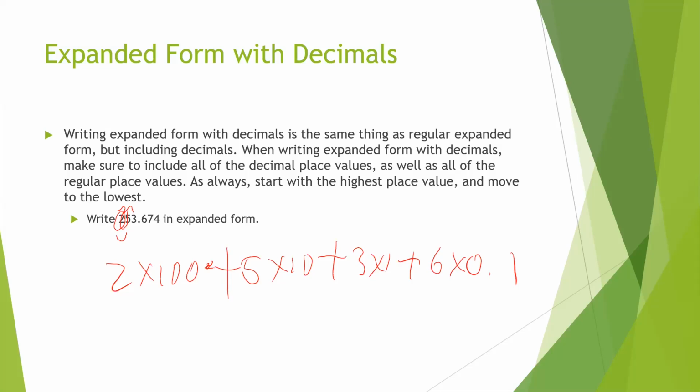So we're going to do 7 times 0.01. Don't forget to add a plus sign. And next, we're going to add this 4. Since we know it's in the thousandths, we're going to write 4 times 0.001.